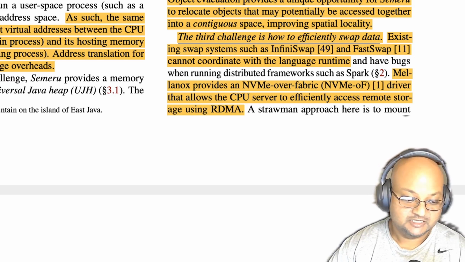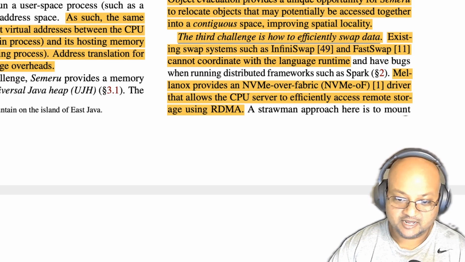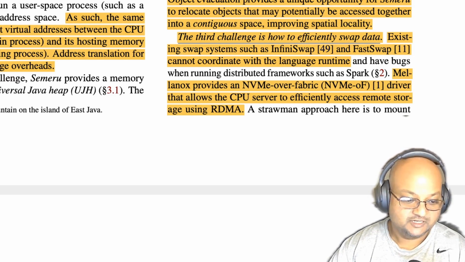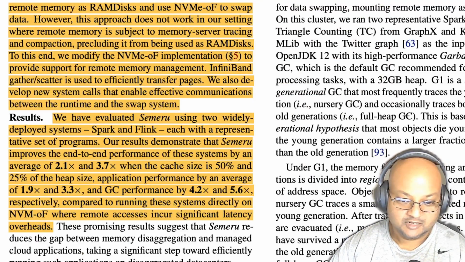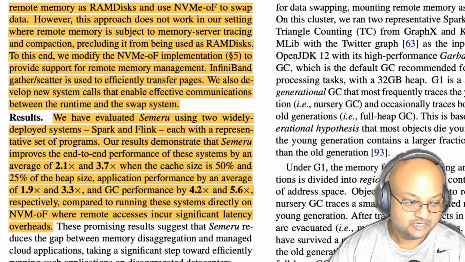The problem is that this swap architecture is not aware of the language runtime, so it doesn't work in concert with what the language runtime needs. And what the authors are doing in this system is modifying the NVMe over the network implementation to support this sort of remote memory management that takes into account what memory the runtime is using and how to swap that.